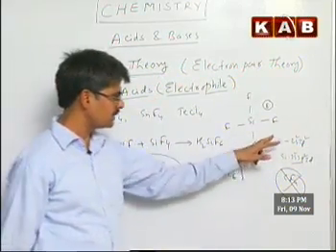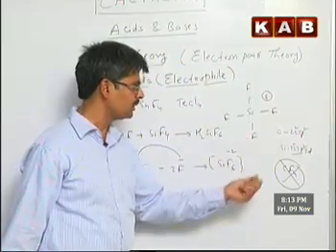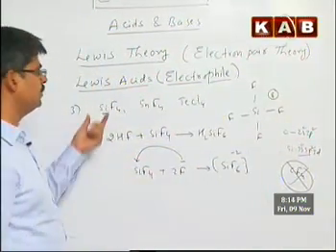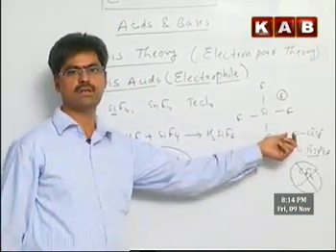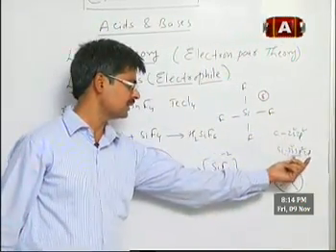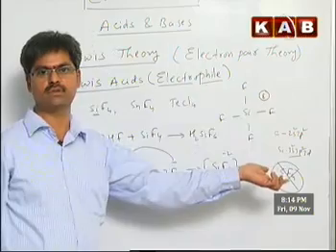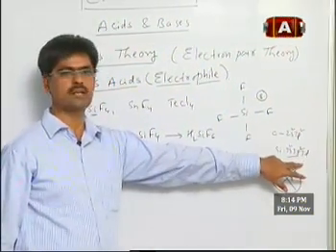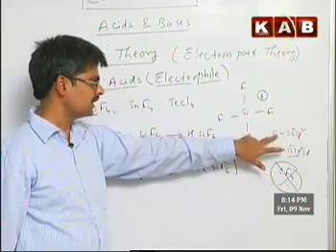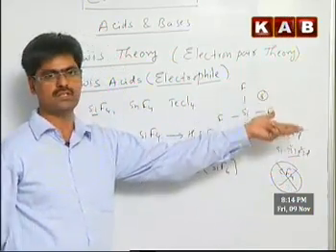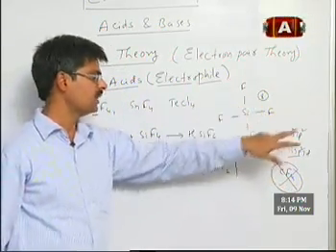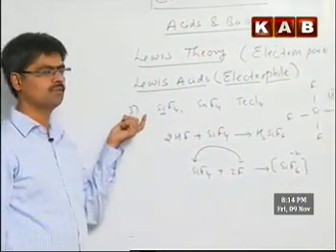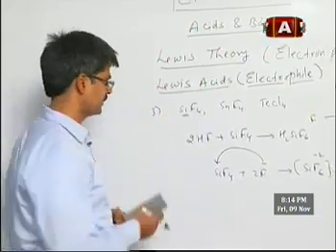So though carbon and silicon belong to the same group, only silicon compounds will be acting as Lewis acids but not the carbon compounds. This is regarding the third category of Lewis acids and bases.